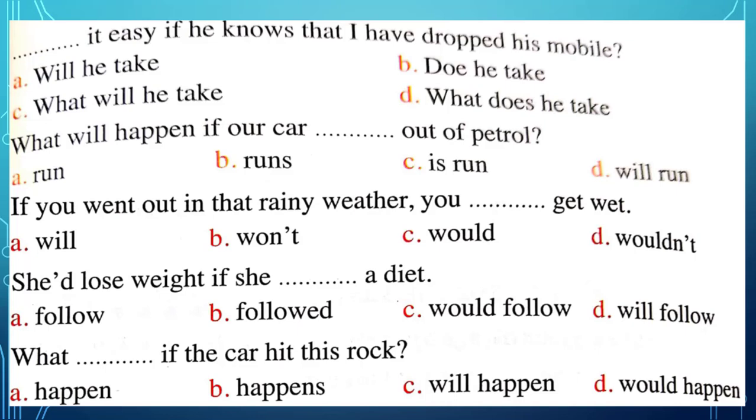Okay, as you know, its infinitive is hit, and in the past it's hit also. So how can we know that it's in the past? As you see, the car hit, not hits. Okay, so we used would.